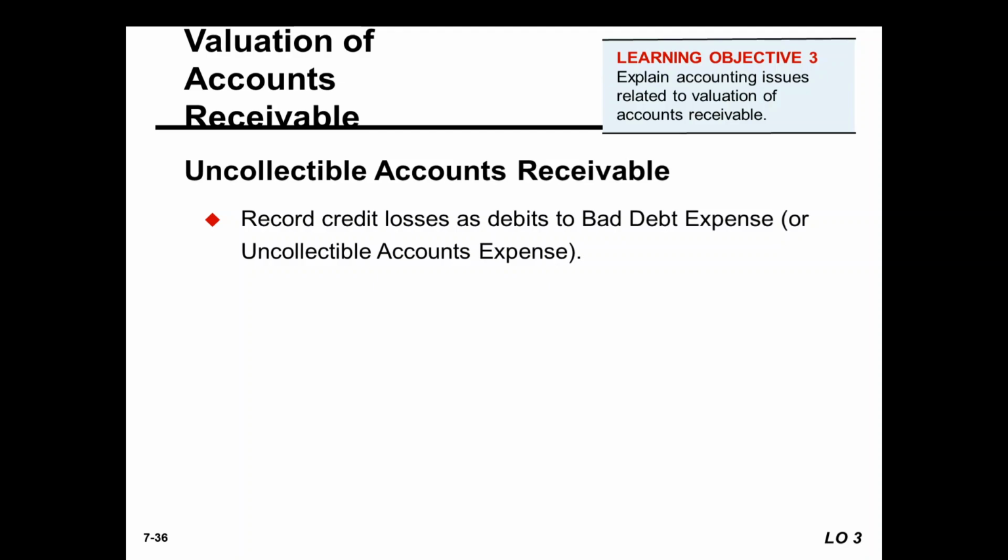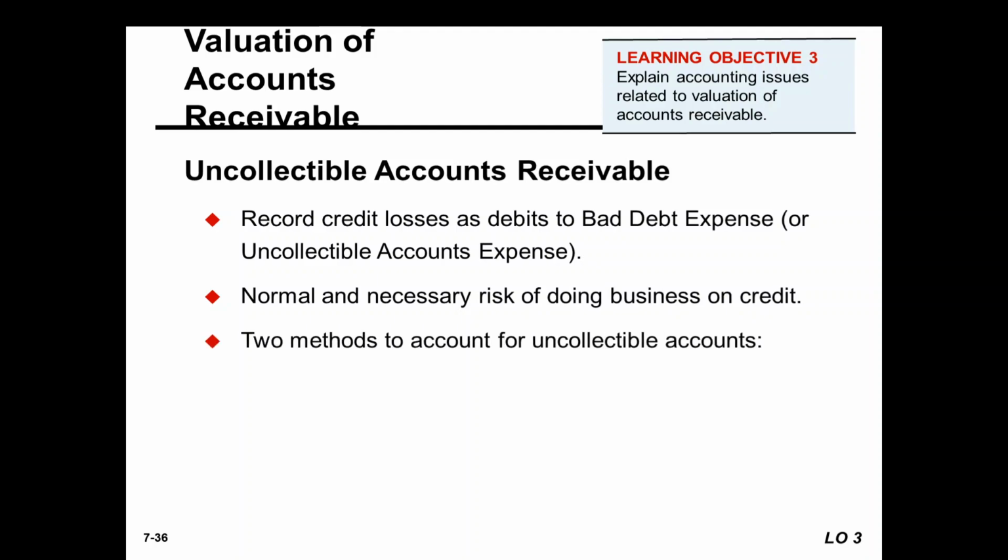Because of this possibility, we must record some bad debt expenses or uncollectible account expenses in our books. There are two methods of how we account for uncollectible amounts.